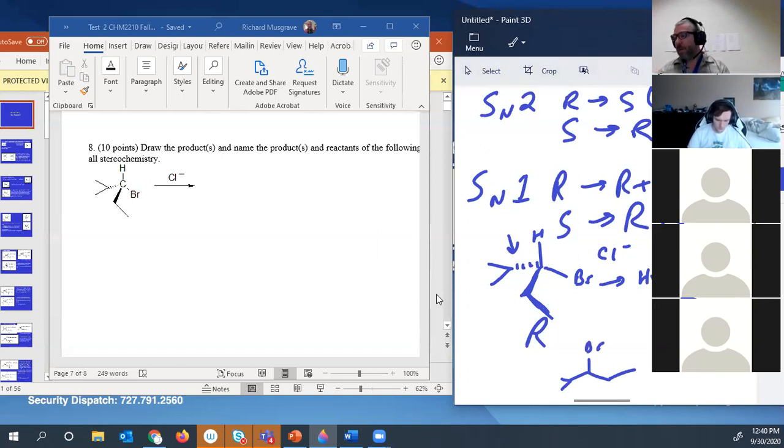Yeah, so as a line structure, it would look like this, which would mean that it was effectively, let's see, it's a pentane, so 2-methyl 3-bromo pentane, but the bromo has to go first, so it'll be 3-bromo 2-methyl pentane.